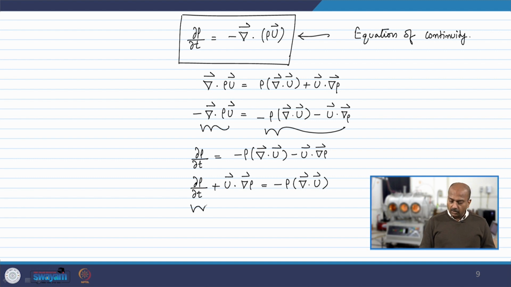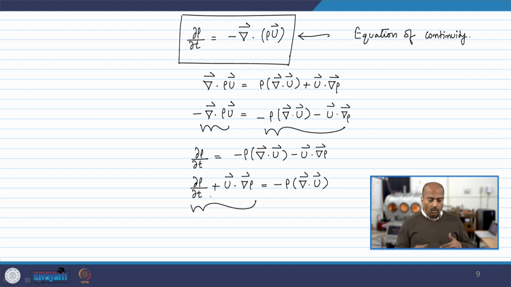Now, what I have on the left hand side is the partial change in the density with respect to time plus an advection term, right. So, this is from the standard definition of the total derivative. Total derivative is equal to the partial derivative of the quantity with respect to time plus an advection term which basically accounts for change along the motion, right.